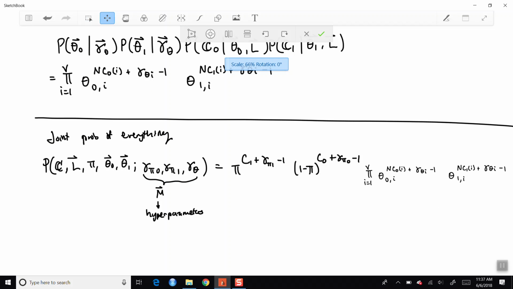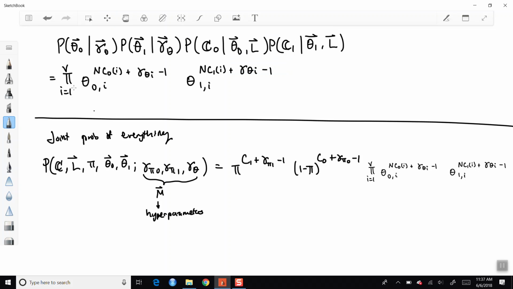So we just have this, okay, and this is equation 33 in the article.